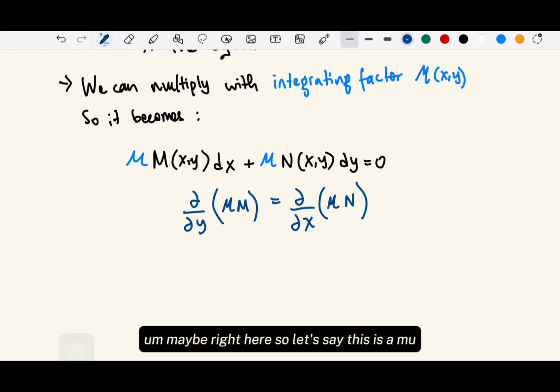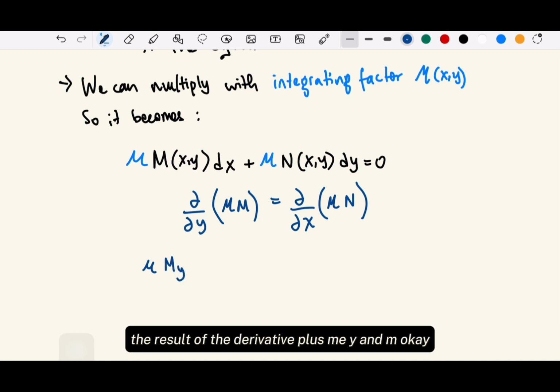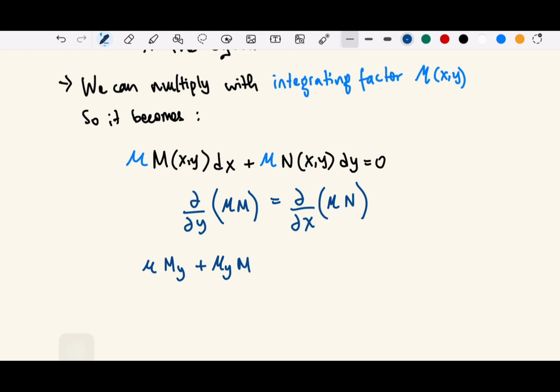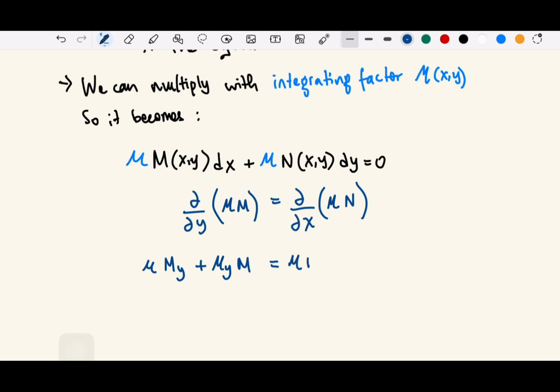So let's say this is mu times m y, where m y means the result of the derivative, plus mu y and m. Just the product rule, okay? And the right one is also the same.